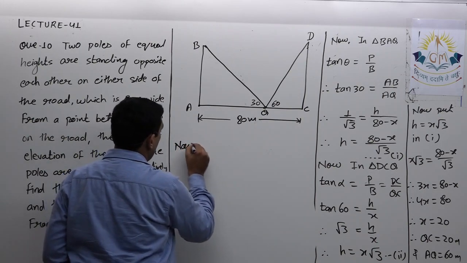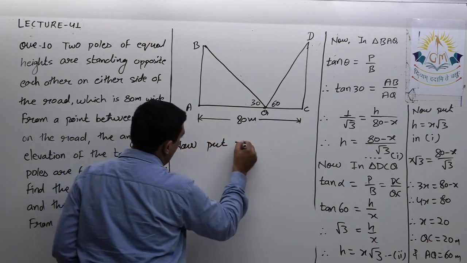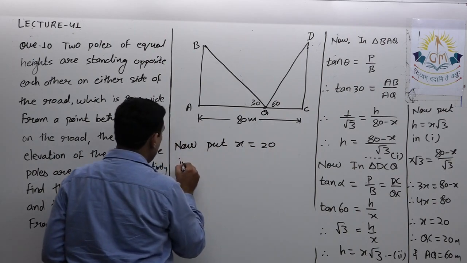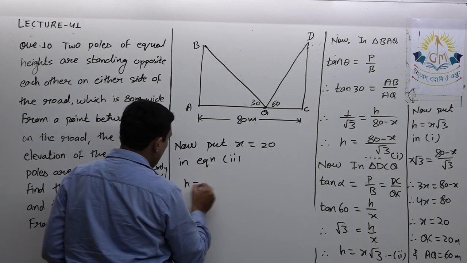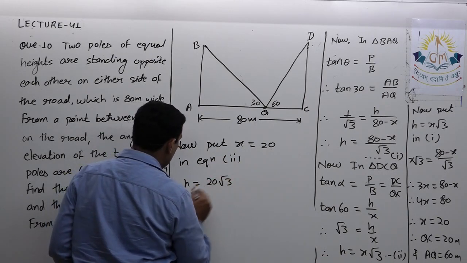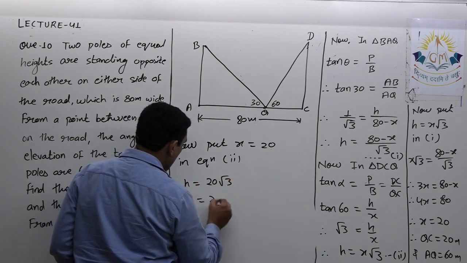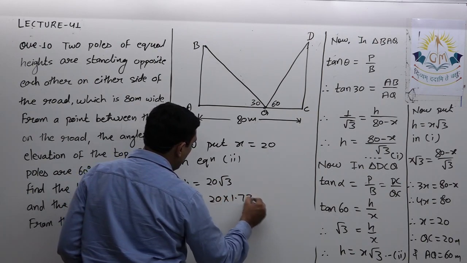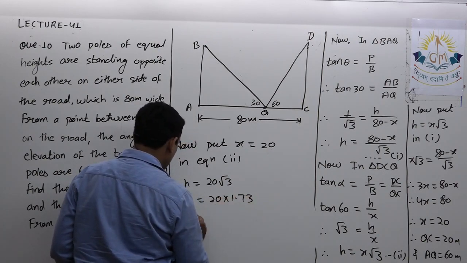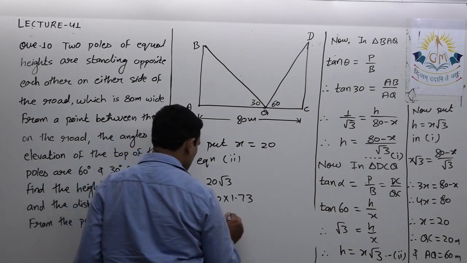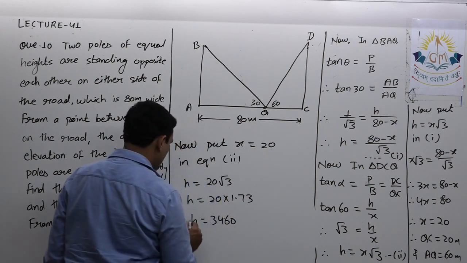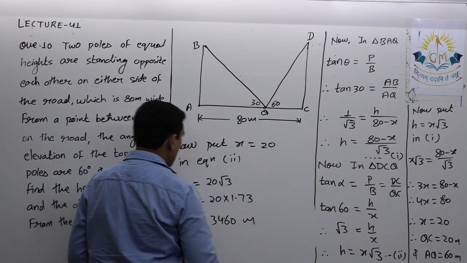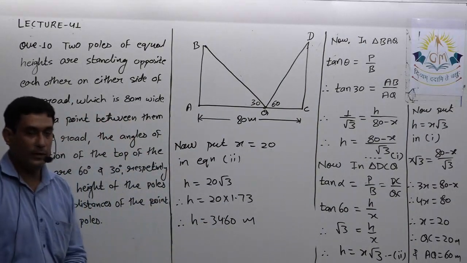Now put this X equal to 20 in it, so h is root 3, so h is equal to 20 multiplied by 1.73, therefore h is equal to 34.60 meters.